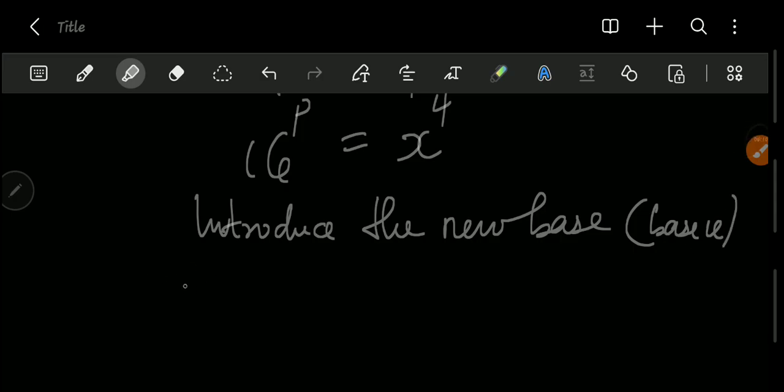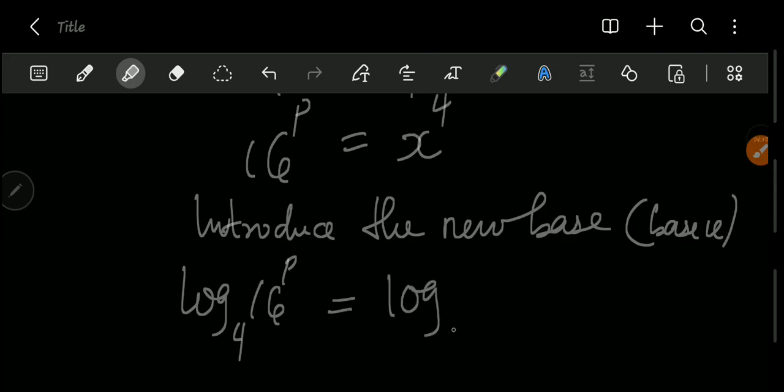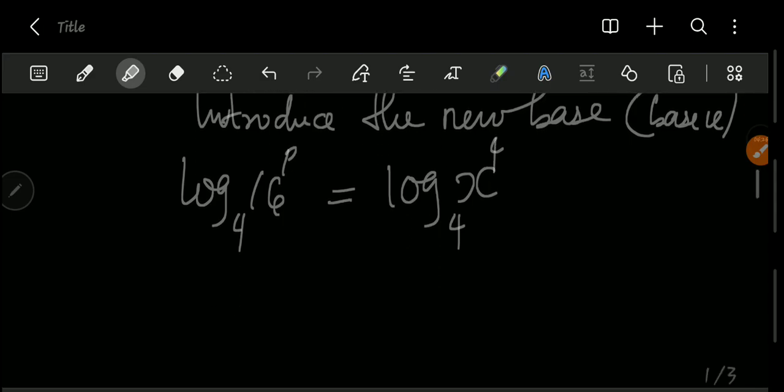So what am I doing? I'm doing log base 4, which is what I want to put, then into the same thing here, 16 raised to p, and that's equal to the same thing here too, log base 4 of x raised to 4. Are you seeing that? So from here, the law I just gave you before, this p is going to come and multiply the log.